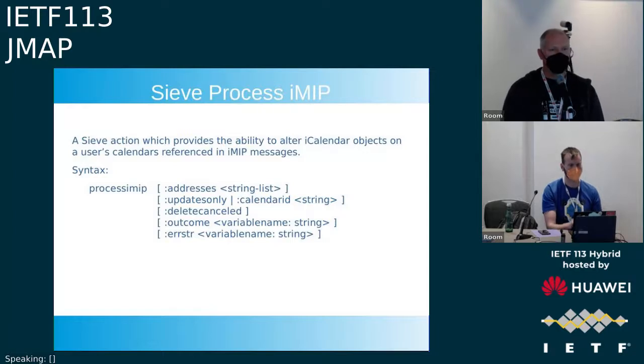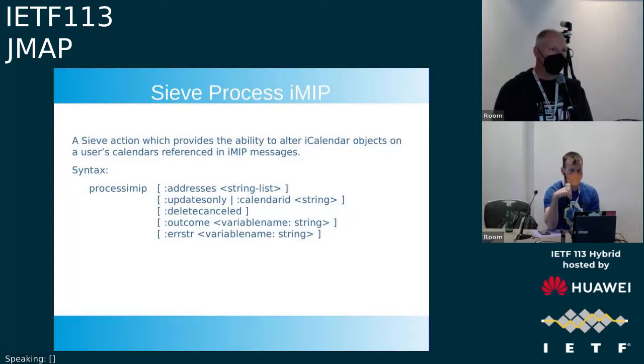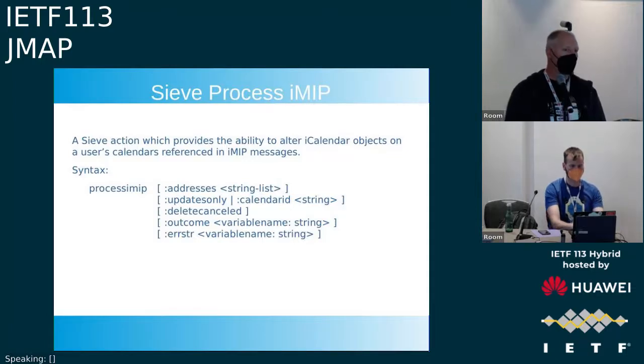So that's what we have. I'm here to see if there's interest from anybody else in moving this forward and formalizing this as a spec. This has been implemented, again, as I said, in Cyrus IMAP. We deployed it to some of our users last week, and it appears to be doing what we've previously done in middleware as opposed to directly in Sieve.